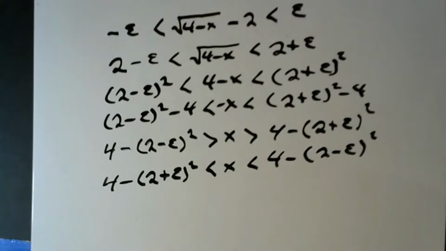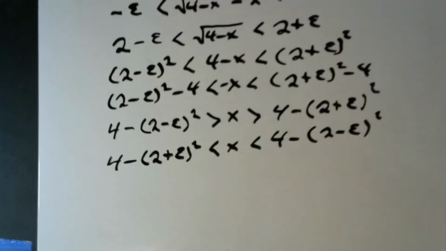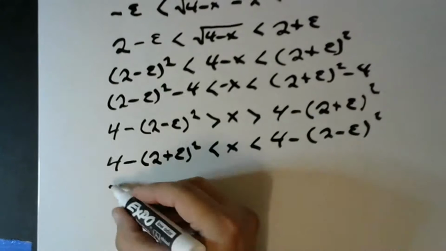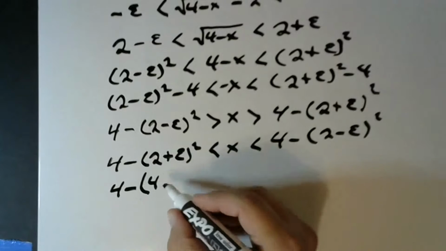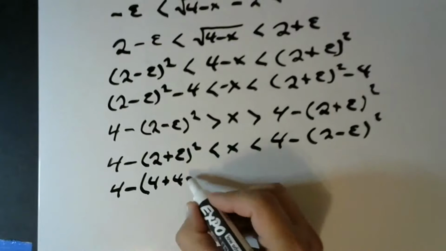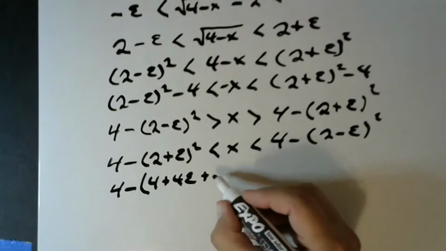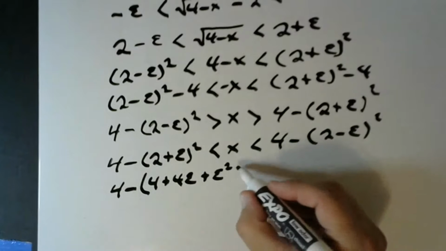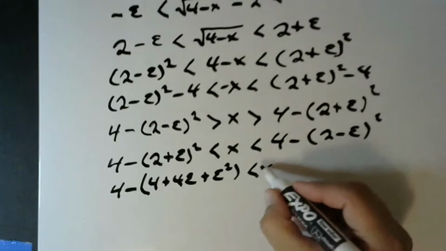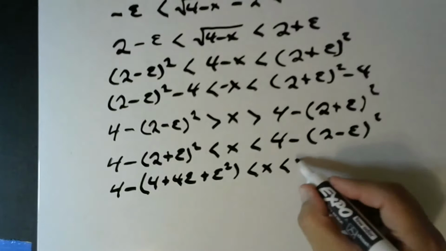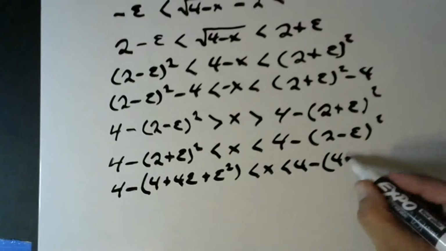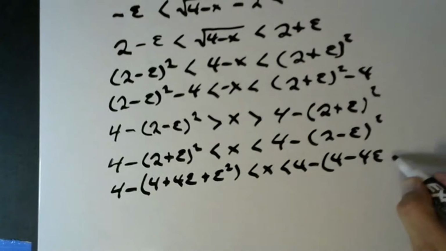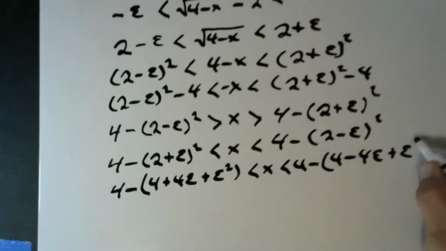All right. So now we expand these. We'll get 4 minus, this will be 4 plus 4 epsilon plus epsilon squared less than x less than 4 minus 4 minus 4 epsilon plus epsilon squared.